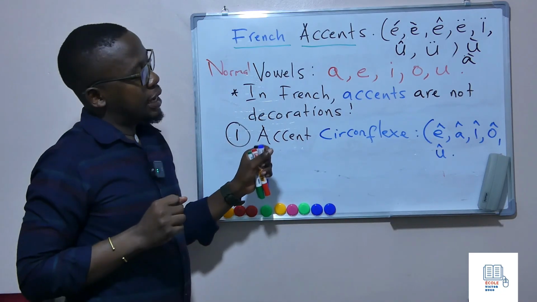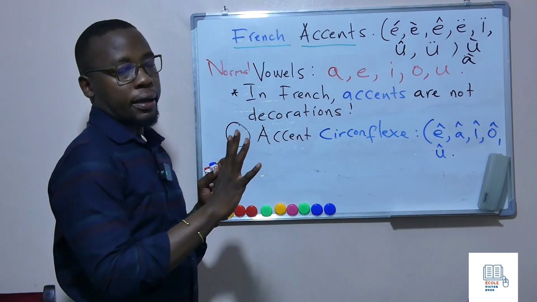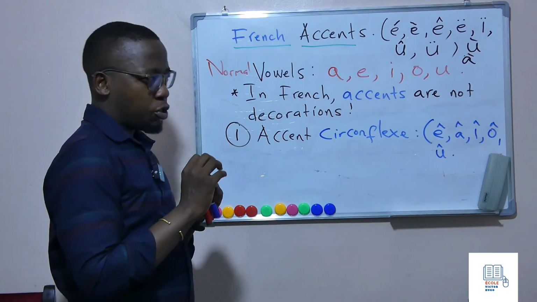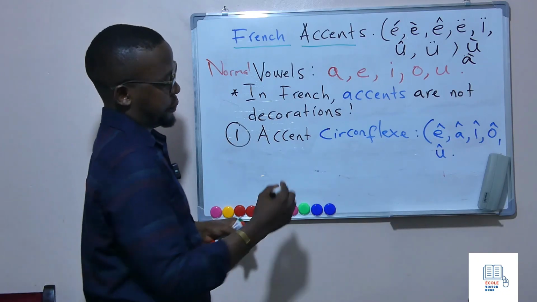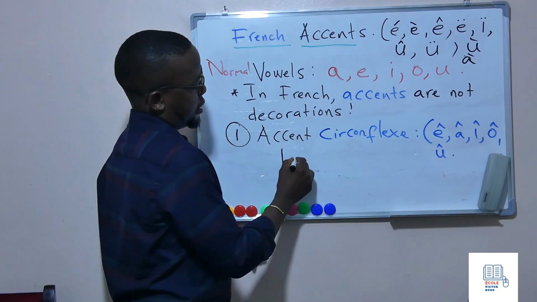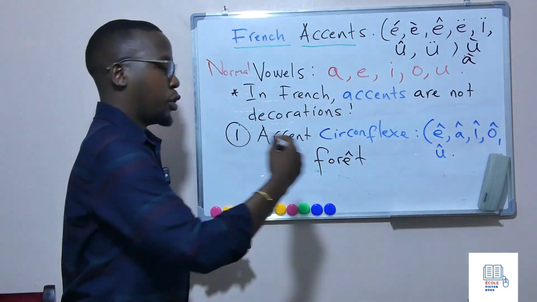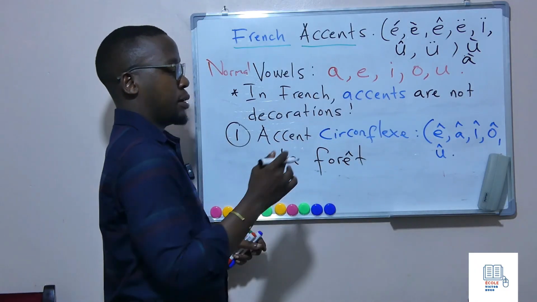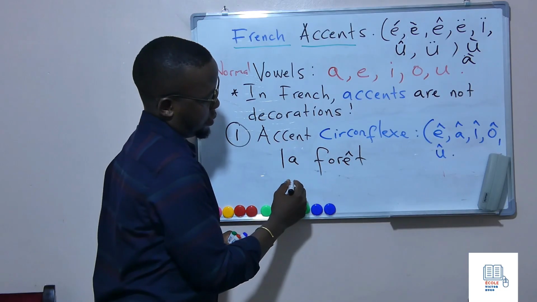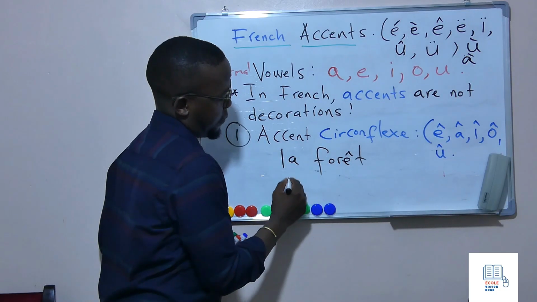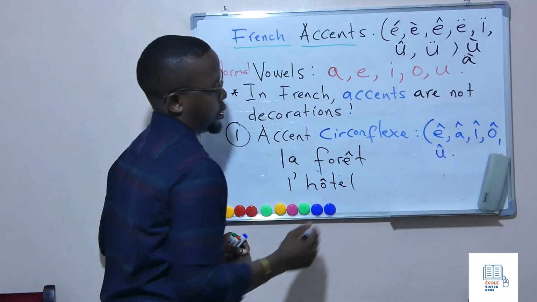So now, for this accent circonflexe, the pronunciation is also a bit longer. So you find it in words, but it will be a bit longer. For example, the word la forêt, a bit longer. For example, the word l'hôtel.